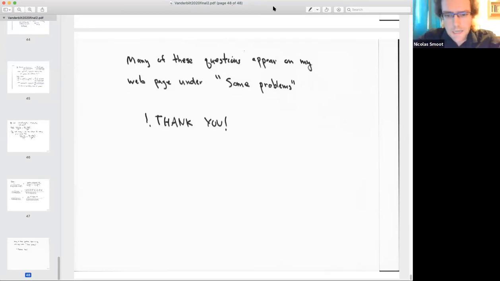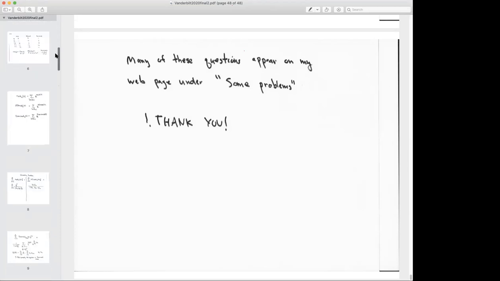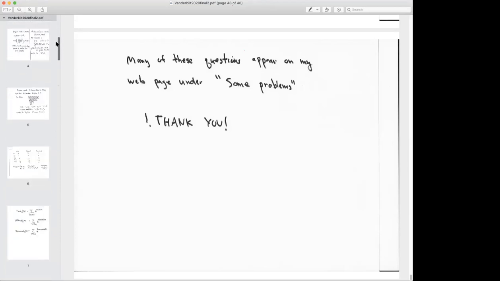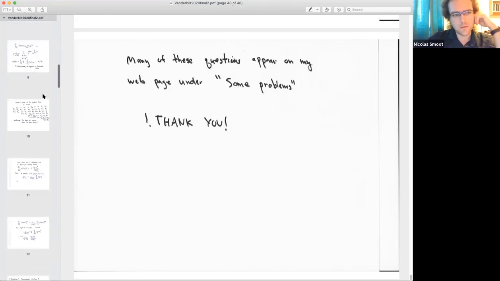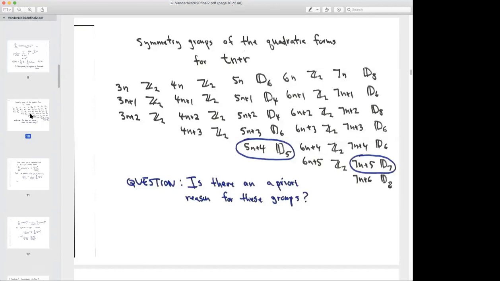Well, if no one's going to ask, I'll ask. Can you go back to the early slide? You're showing the arithmetic progressions in the dihedral groups. Yes. I computed a few numbers out. I just wanted to compare and see if they matched up. Let's see.